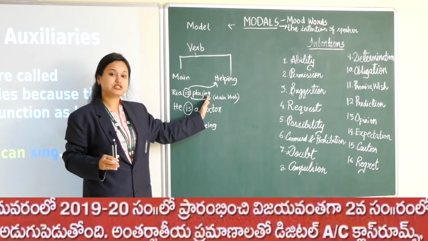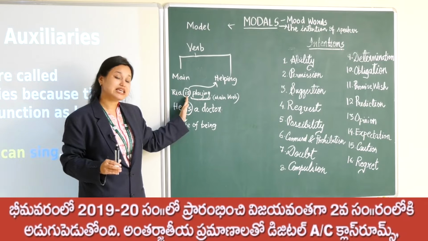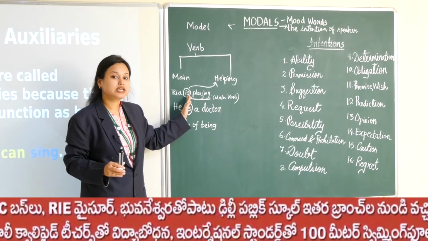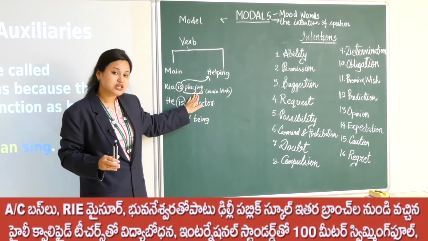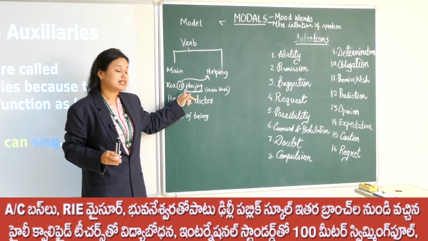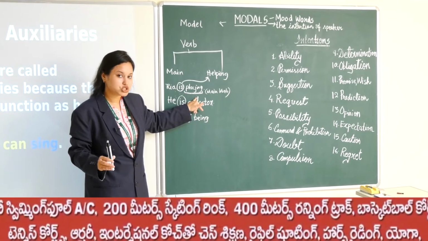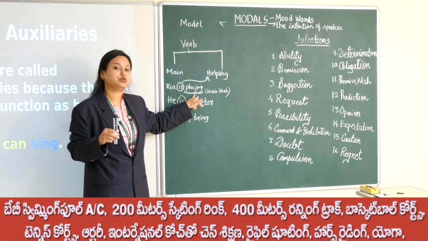But when we attach an is with it, what is it trying to say? It is trying to give extra information about the verb. What extra information is it giving? It is helping the verb by giving the extra information that the action of playing is happening right now.